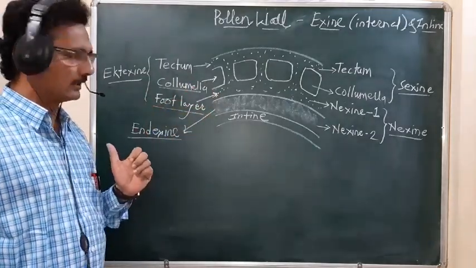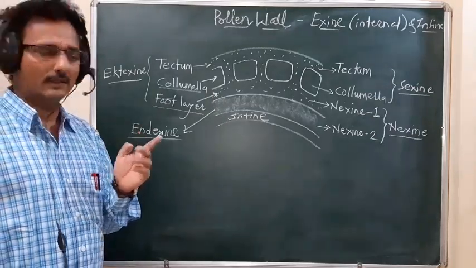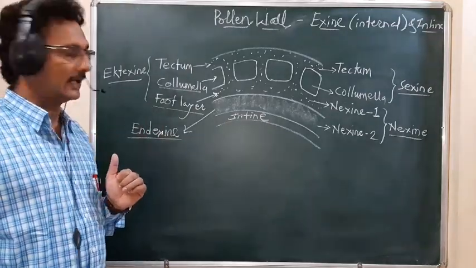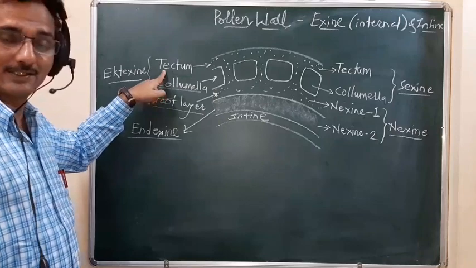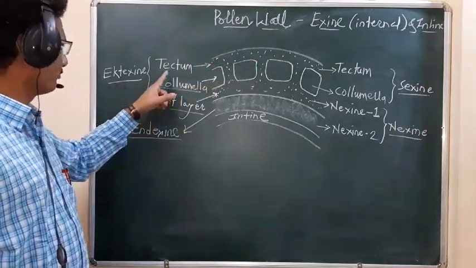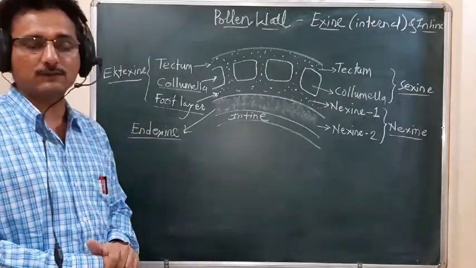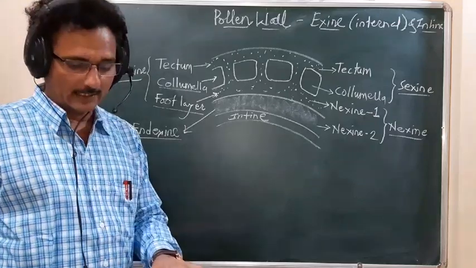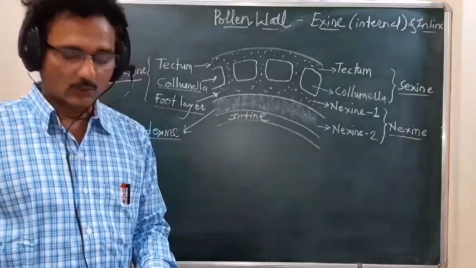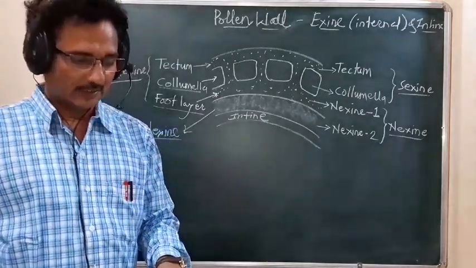So I think you understand who takes part in the formation of the sculpturing on the exine. Surely it is the tectum, the outermost layer of the ectexine, and that sculpture varies from species to species. So the answer to question 49 is the second option.